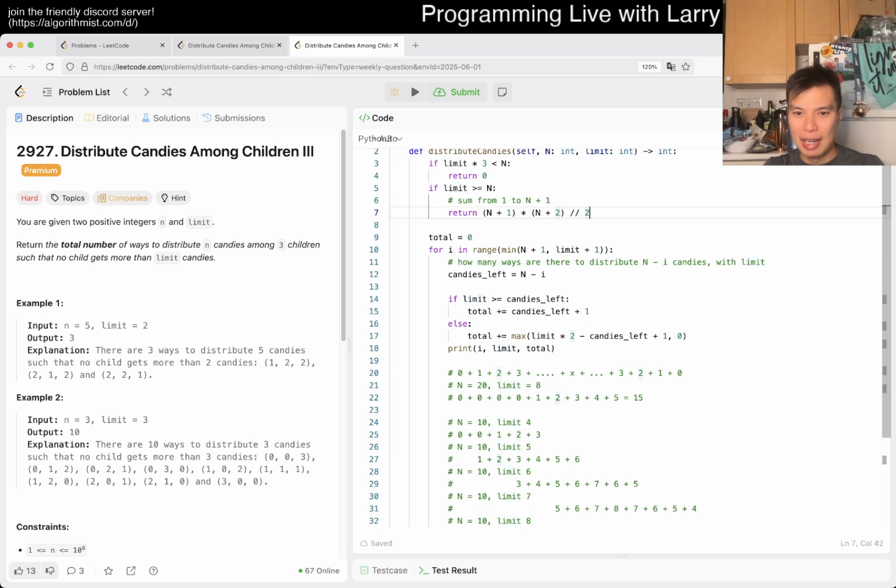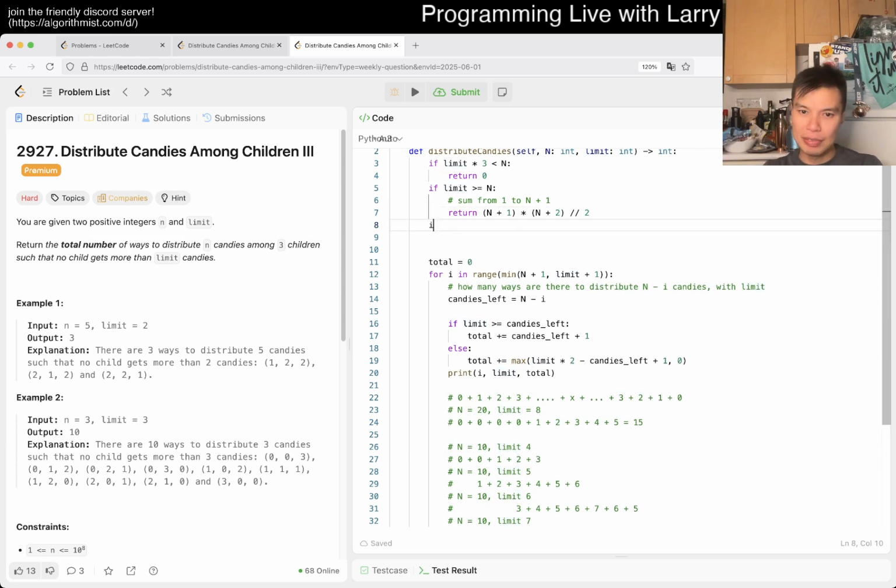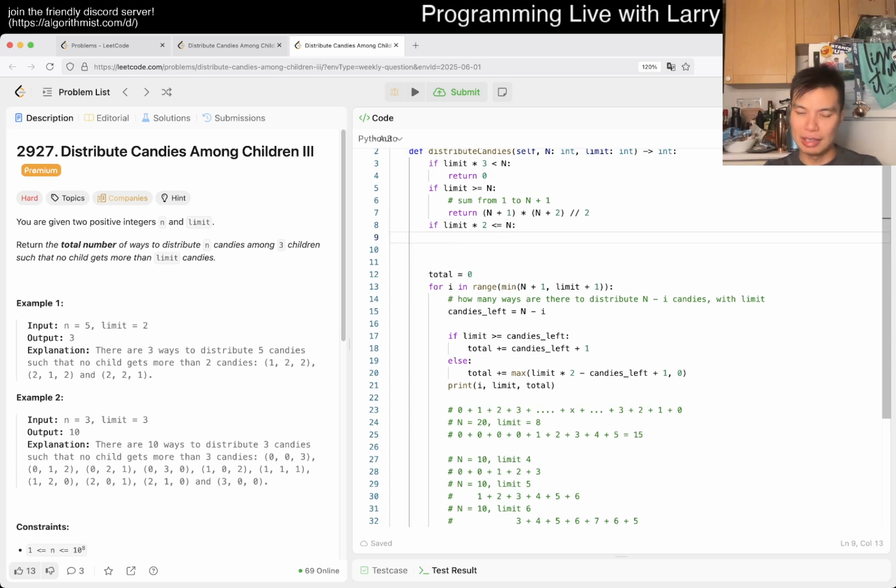So here, if limit times 2 is still less than n, or even equal to, then we have some zeros to throw out in the beginning, so we have impossible things. So zeros is equal to n minus limit times 2.